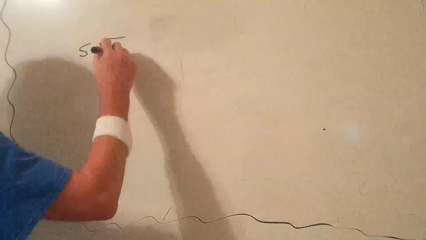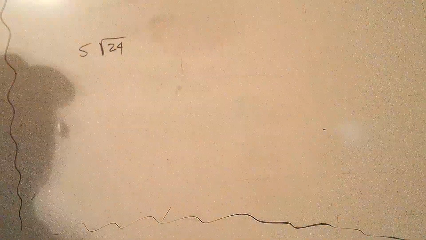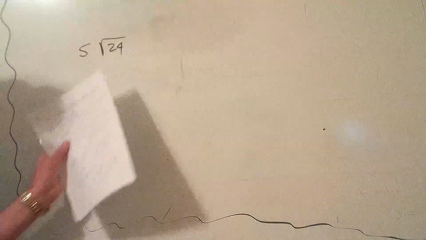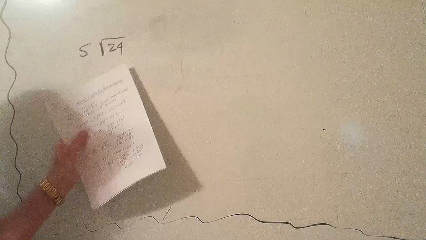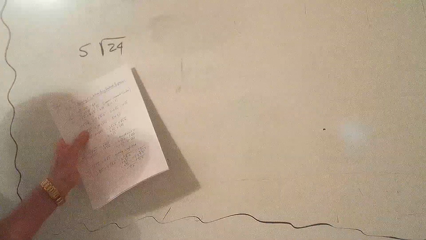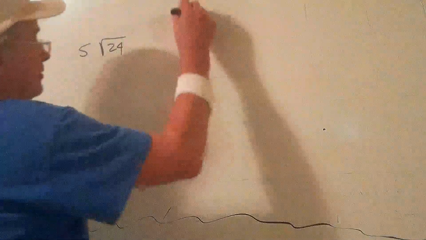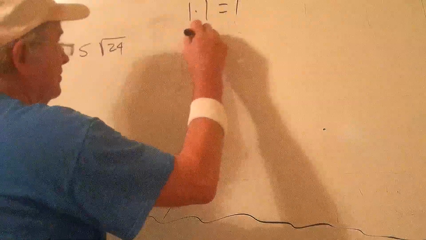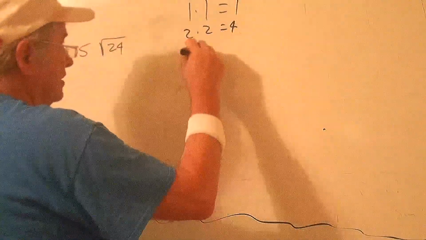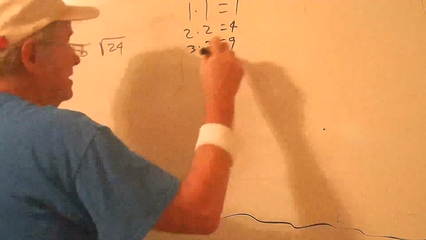Okay. Now, what if we have this? What if we have 5 times the square root of 24? Can we factor the square root of 24 where one of those numbers is a perfect square? Now the perfect squares, I think I gave you a sheet on this. 1 times 1 is 1. 2 times 2 is 4. 3 times 3 is 9.